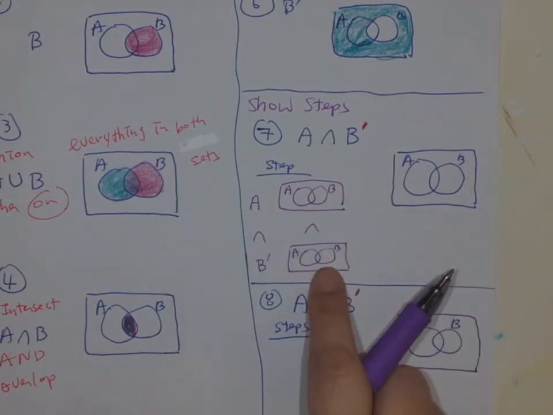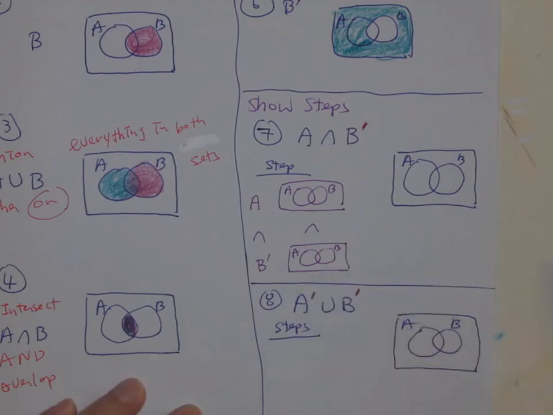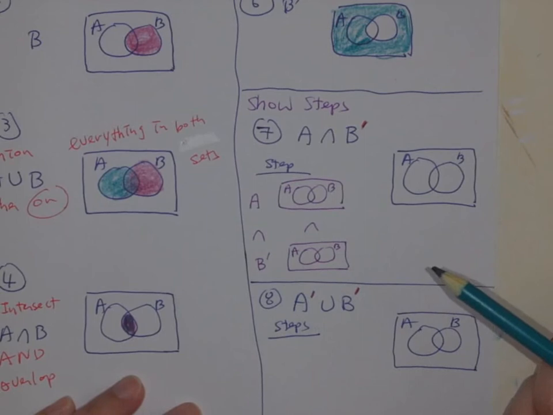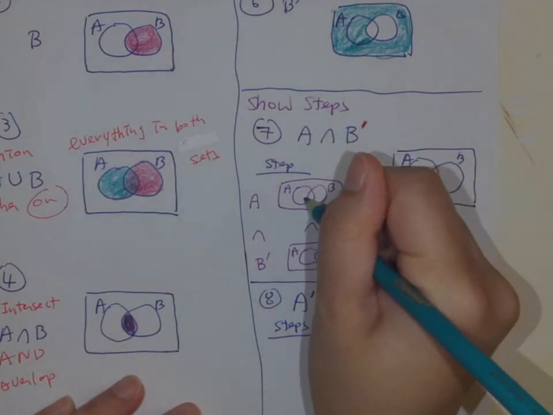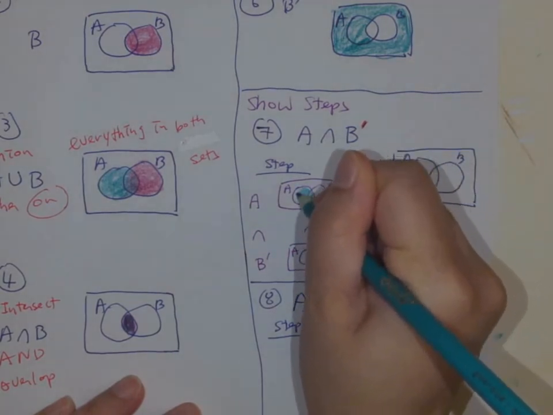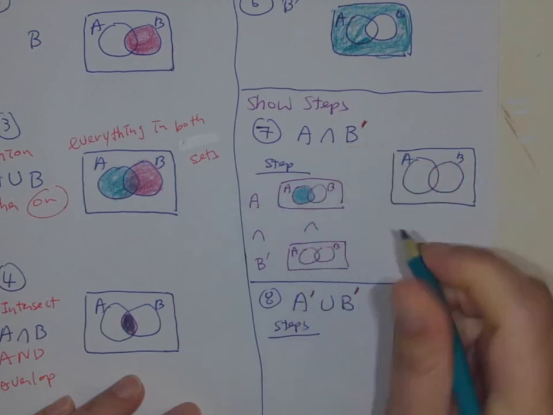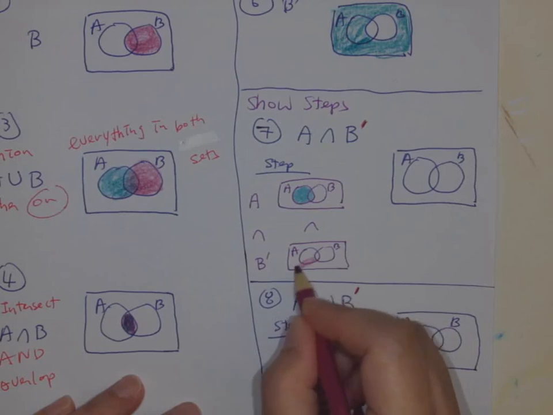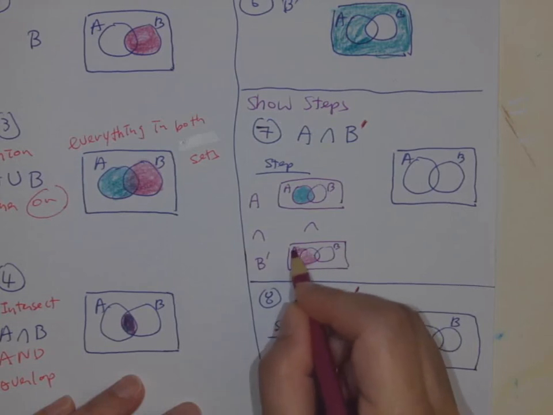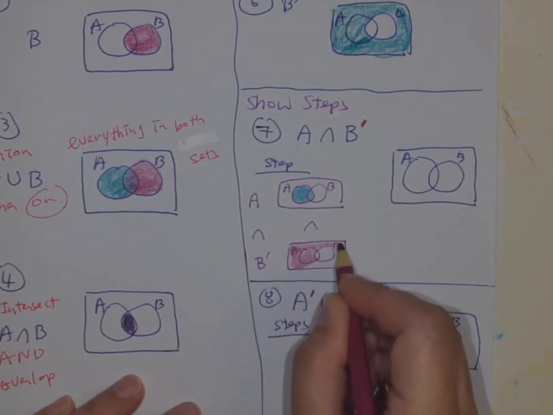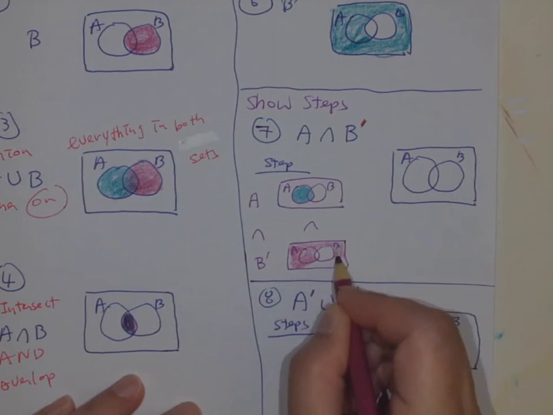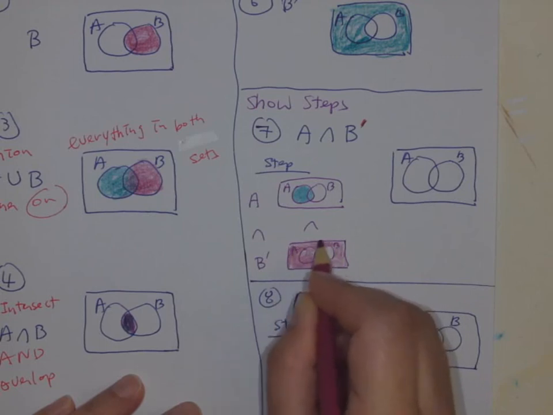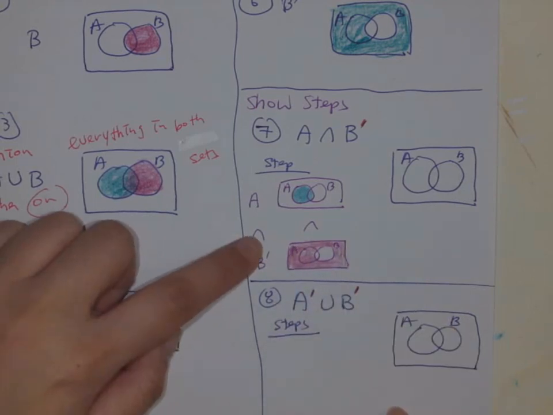So make sure it's clear. You can see the overlapping or non-overlapping parts. With that, I have A, so just the A circle, right? And then I also have not B, so it's outside of the B circle. Once we have these two, the operation asks us to do what?